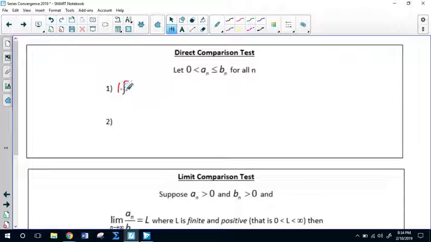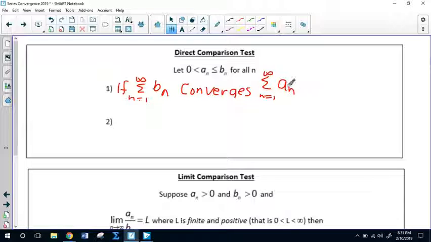If the sum from 1 to n of b sub n, the series represented by the larger one, converges, then the smaller series converges.